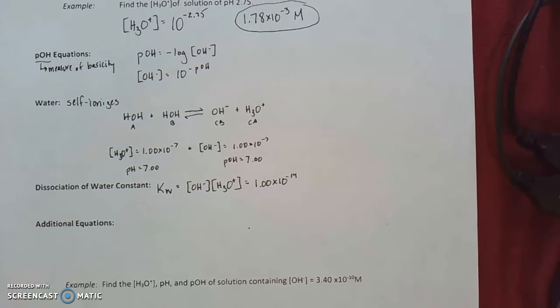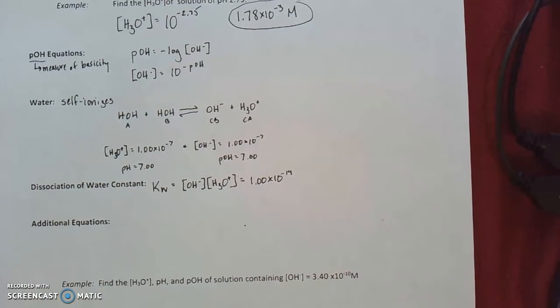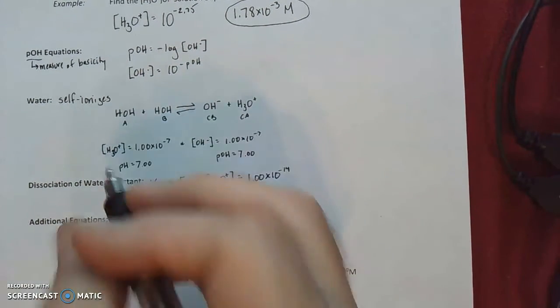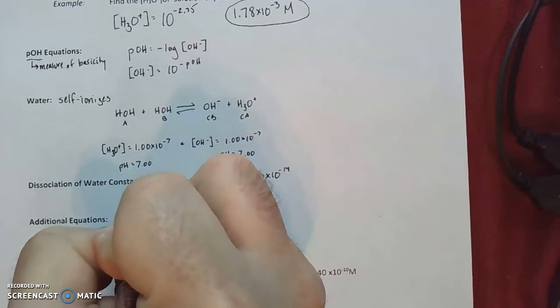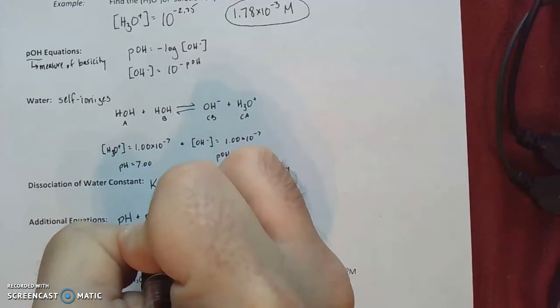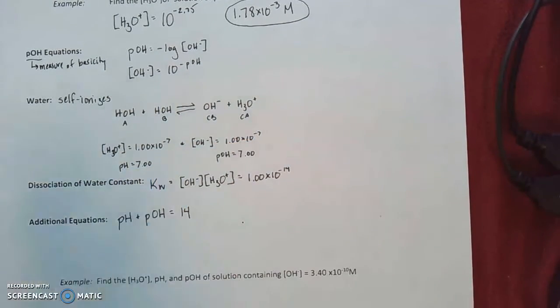So that gives us some additional equations that we can derive from all of these other ones. So pH plus pOH is going to equal 14.